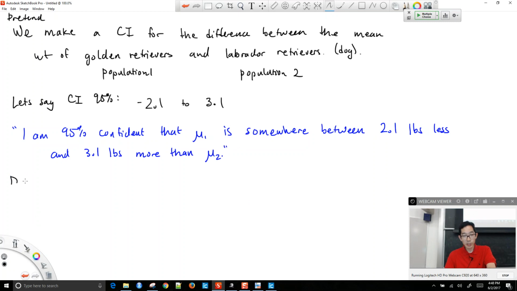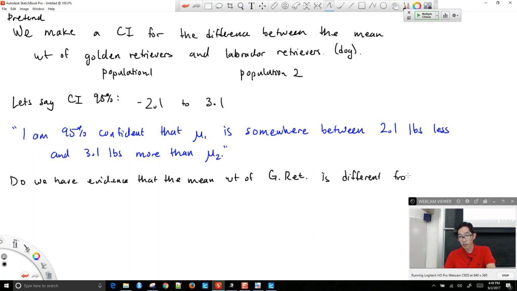The more relevant question is, do we have evidence that the mean weight of golden retrievers is different from the mean weight of Labrador retrievers?